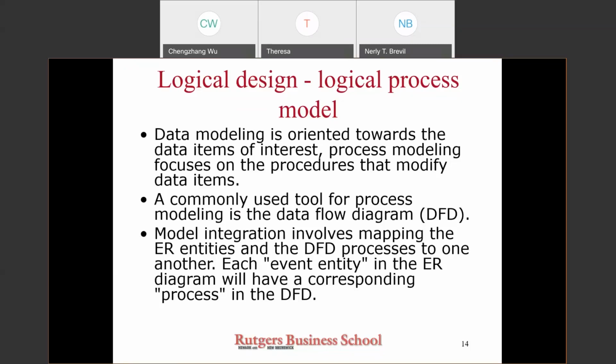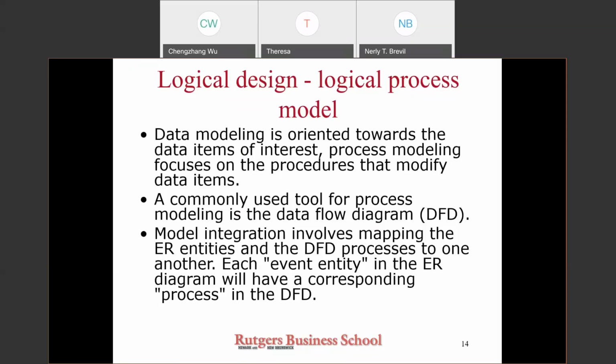A commonly used tool for process modeling is the data flow diagram or DFD. While the logical data model focuses on the various data items and how they relate to one another, the DFD model focuses on the logical flow of data in the system.